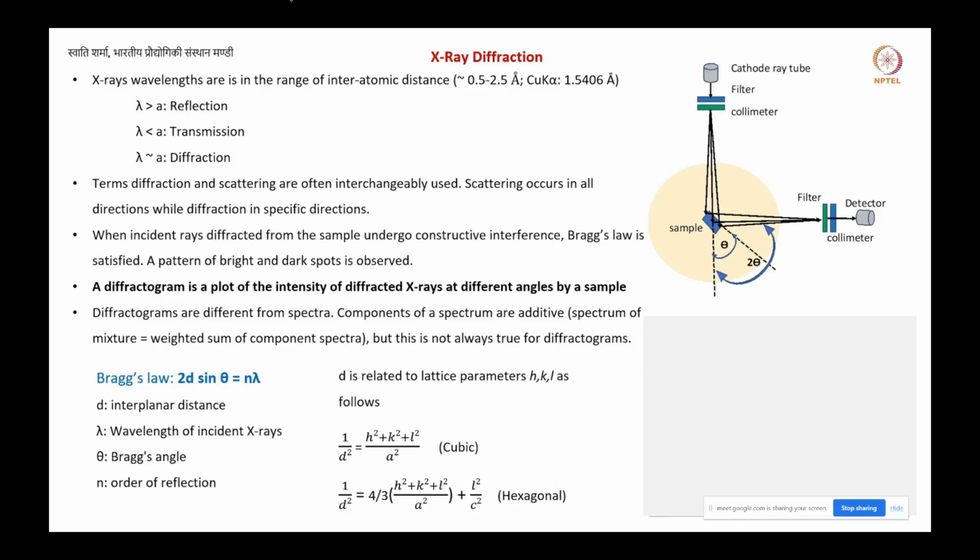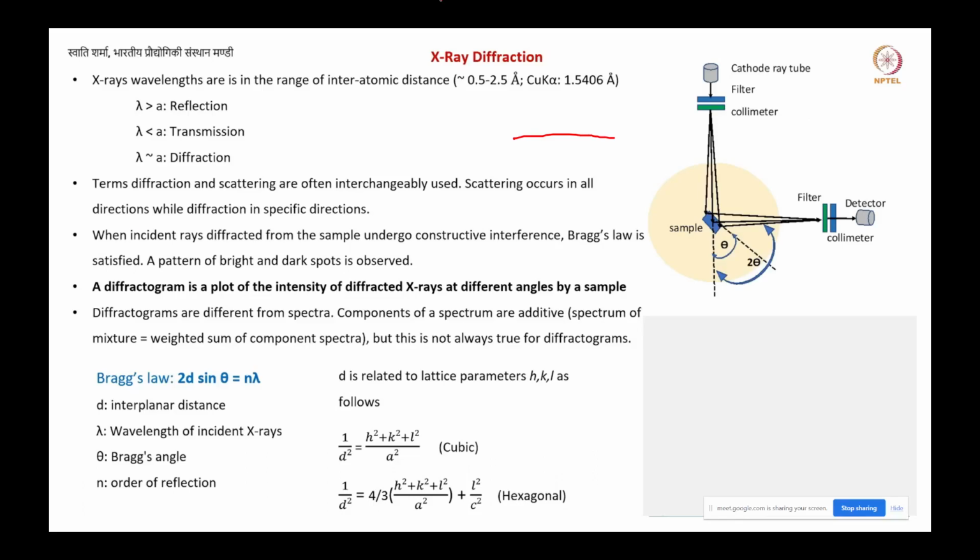As you can see here, the X-ray wavelengths are in the range of interatomic distance. Do you know what interatomic distance is? Let's say you take any material, and here is a layer of your material.